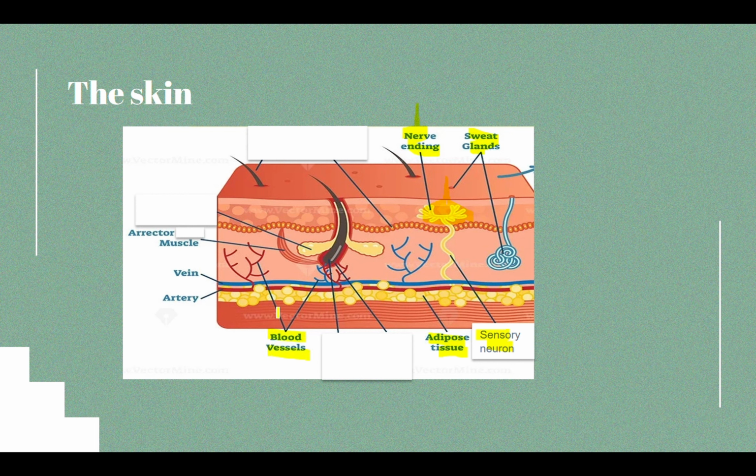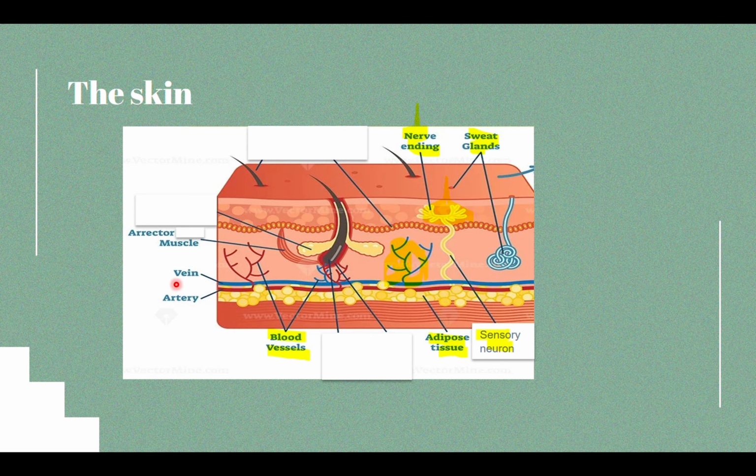Now here we have the blood vessels, the red and the blue ones that you can find right here. This one is also a blood vessel. You need to know also the artery and the vein. It won't be that clear in your exam, like this picture, as it won't be colored.